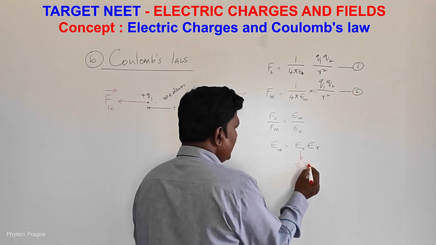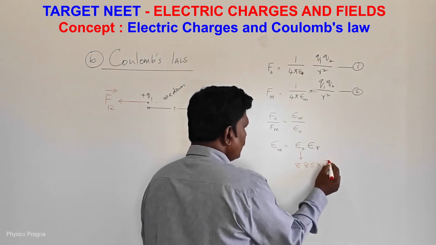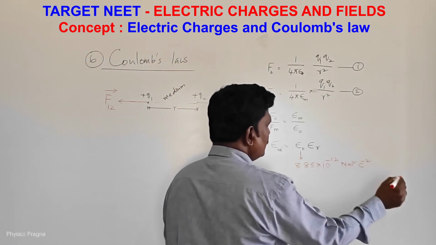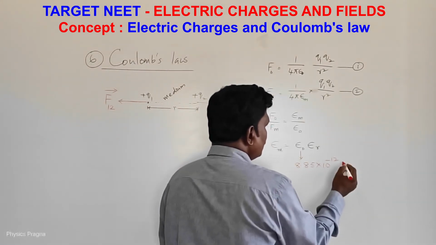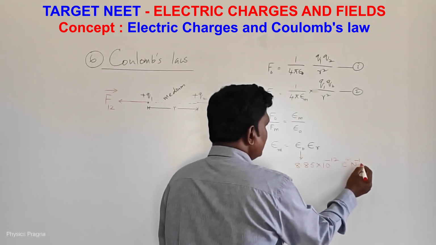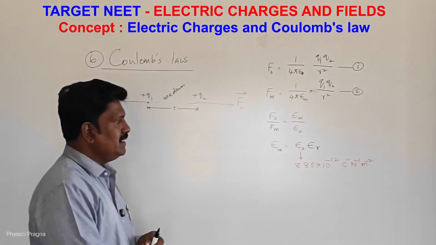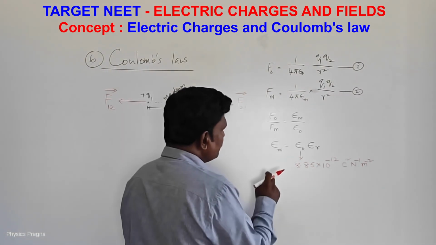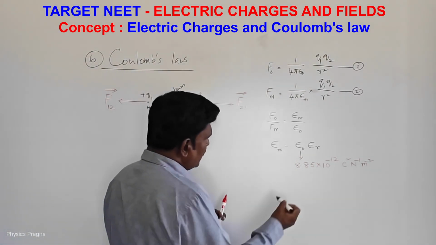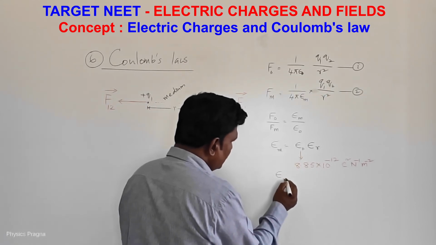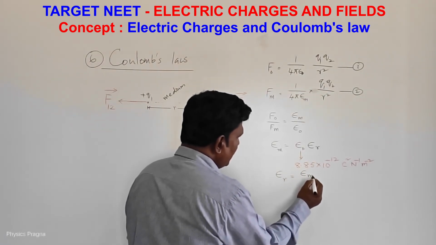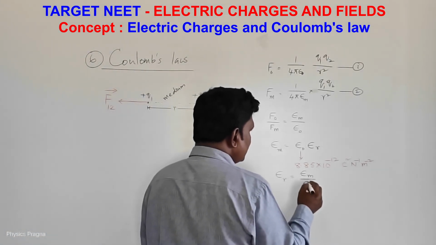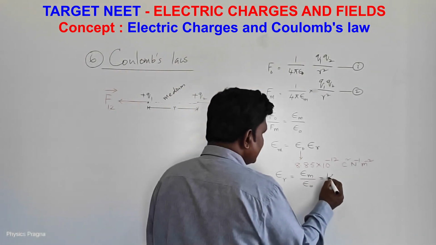Its value is 8.85 into 10 to the power of minus 12 Coulomb square per Newton meter square. This is the free space permittivity. Now, epsilon r is equal to epsilon m by epsilon naught. This is also called the dielectric constant.